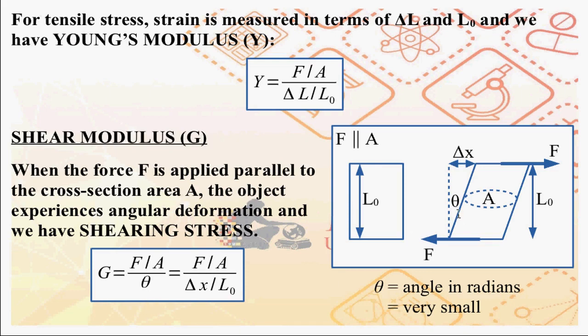Again, theta is in radians and it must be very small. So, G is equal to F over A divided by theta.